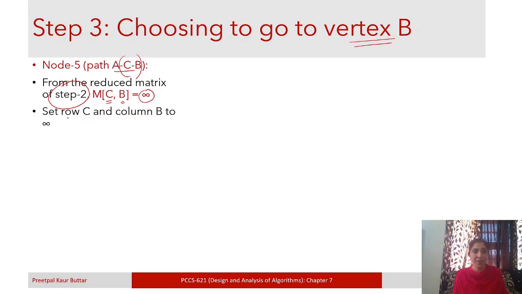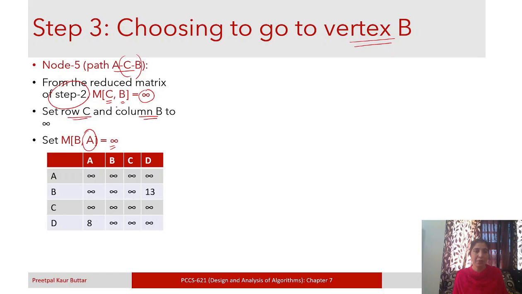Now we will set row C and column B to infinity, and we will also set the value of cell B comma A to infinity, because we are choosing the vertex B and the starting point is node A. Okay, so after doing all these things we get this matrix.